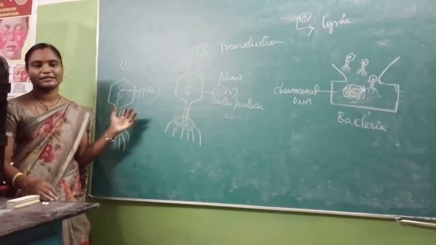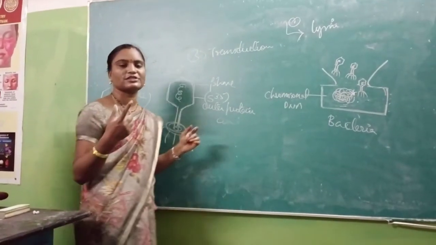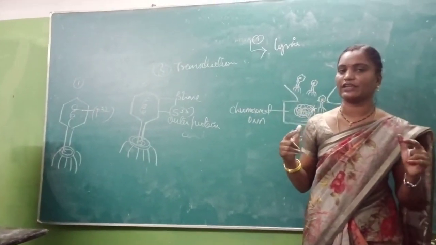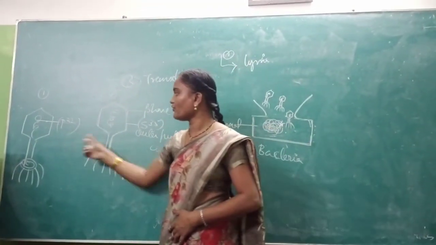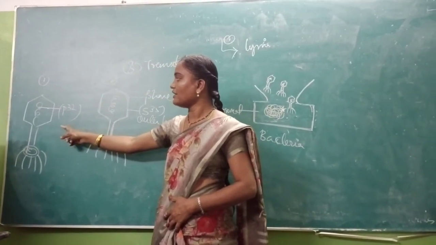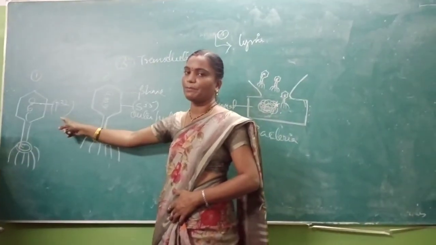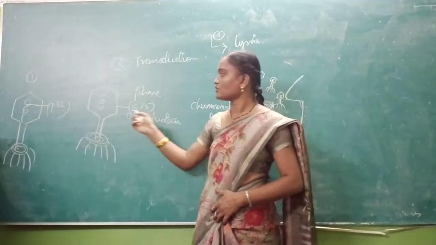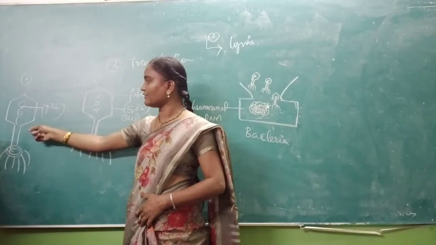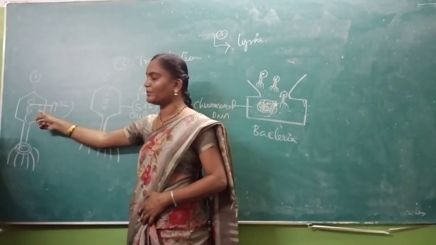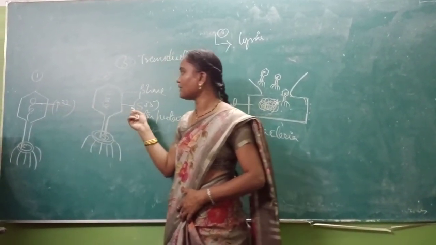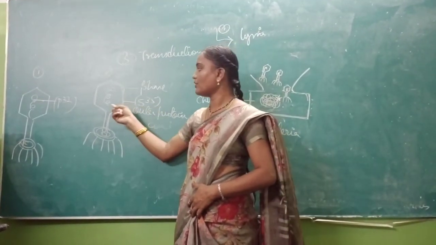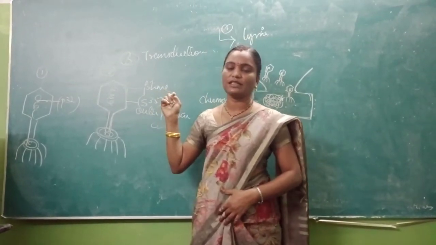So this is transduction. See, once again I am repeating, the transduction experiment was first introduced by Hershey and Chase. Hershey and Chase, they have taken phage molecules, two phage molecules. The first phage molecule they radiolabeled with P32 DNA molecule and the second phage with S35 outer protein coat. So phage 1 has a normal protein and radiolabeled P32 DNA molecule, and coming to phage 2, radiolabeled outer protein coat is there but normal DNA is present in phage 2.